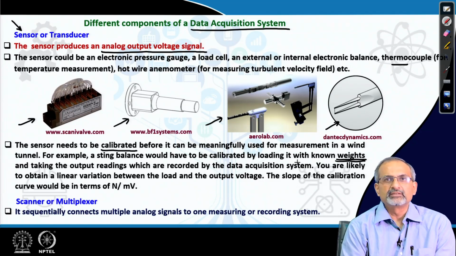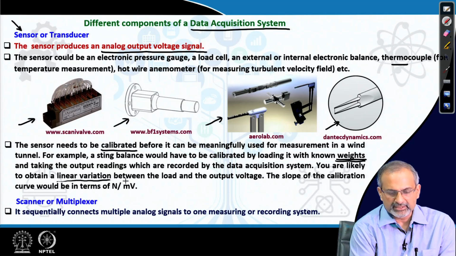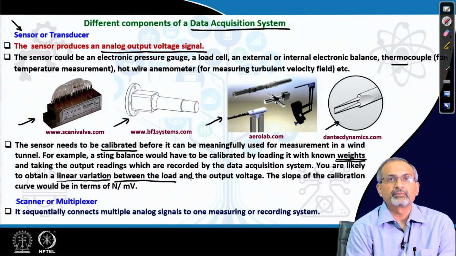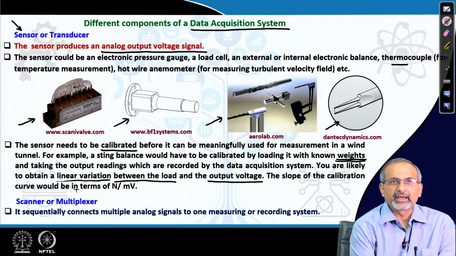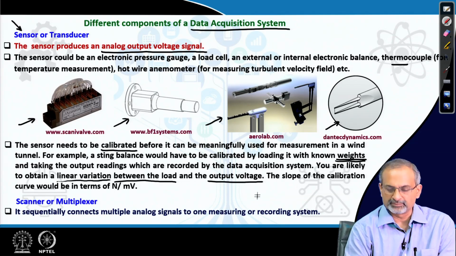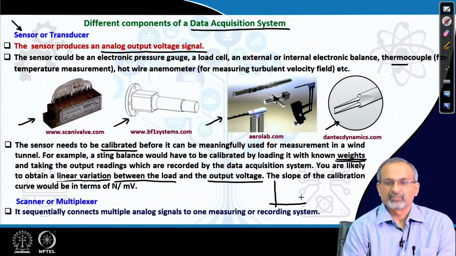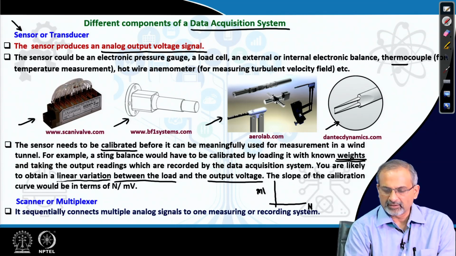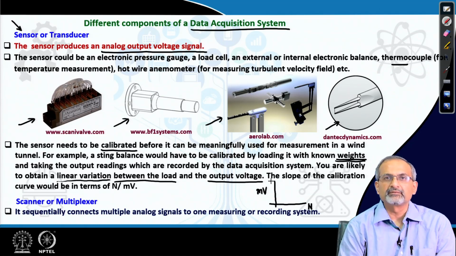Now, once you do this calibration, you are likely to obtain a linear variation between the load that you have applied and the output voltage, and the slope of the calibration curve would be in terms of Newton per millivolt, for example. If you make a plot to show the data points, you would have the applied load as the independent variable and the output of the balance as the dependent variable.